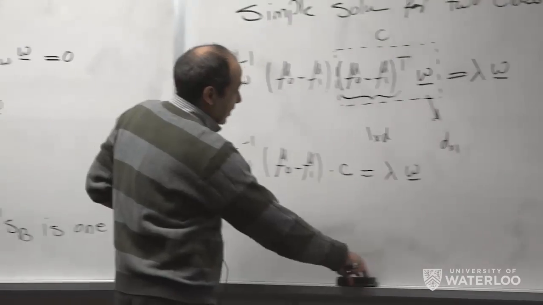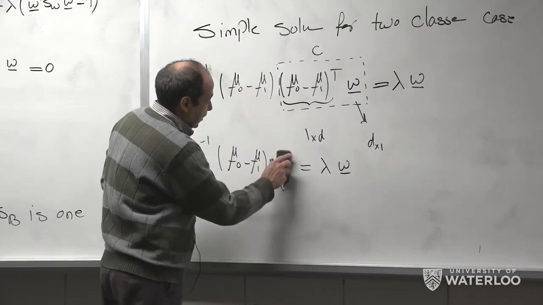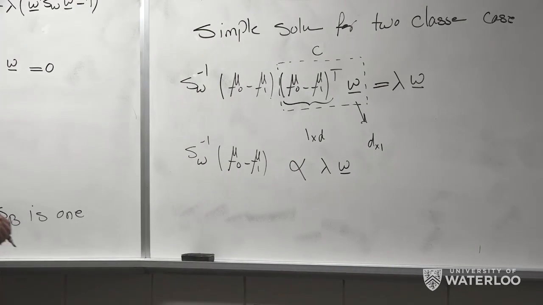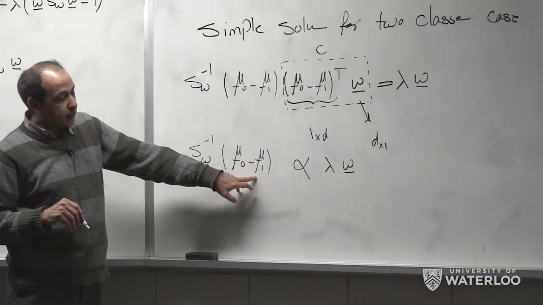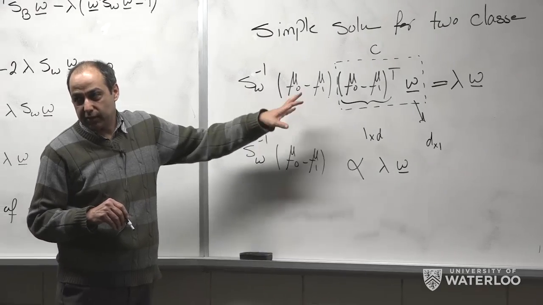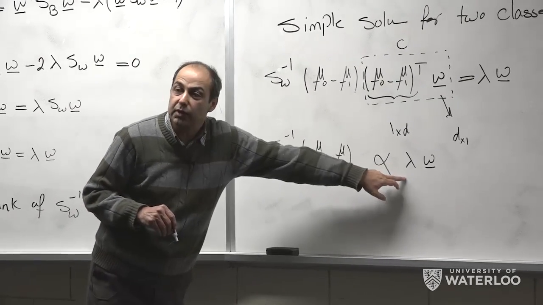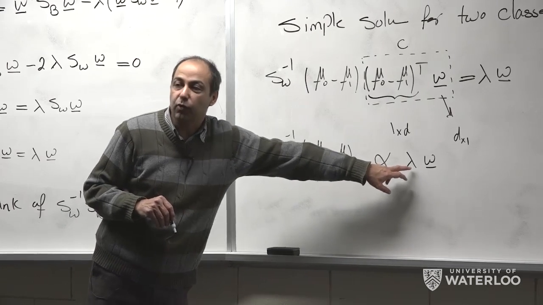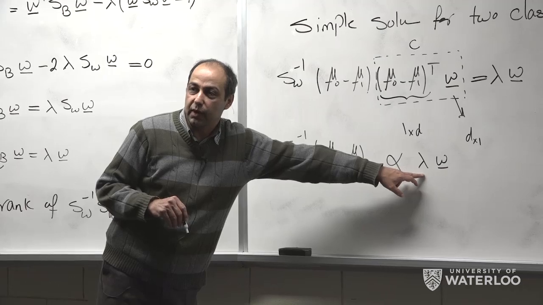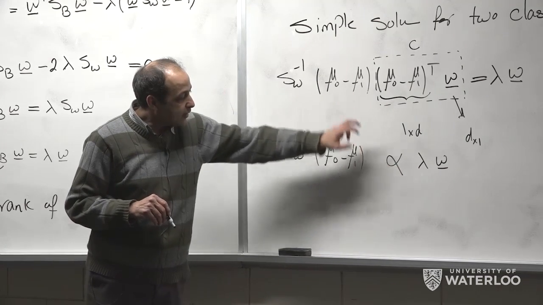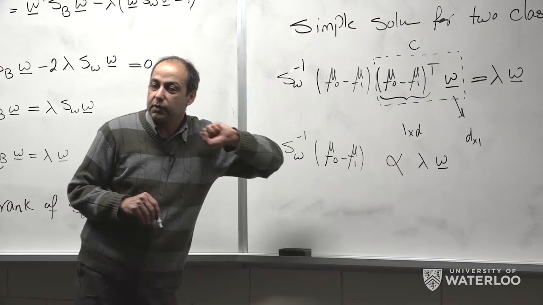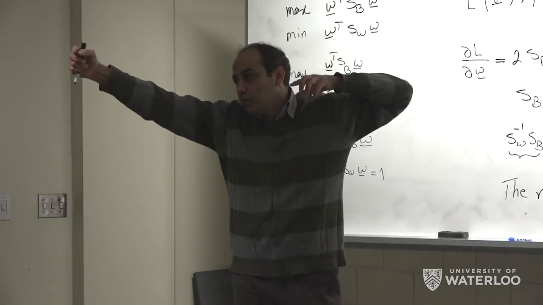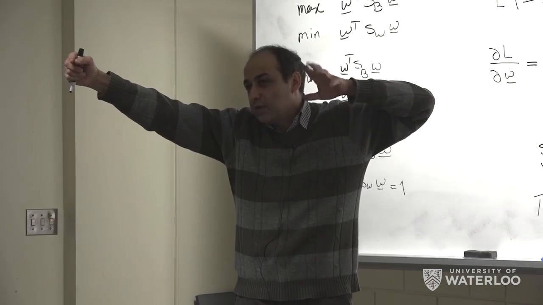So SW inverse times mu 0 minus mu 1, whatever this vector is, it's proportional to W, because if I multiply this by C, it's going to be exactly equal to the right-hand side. When it's proportional, it means I know the direction, I just don't know how long this W is, which doesn't matter.